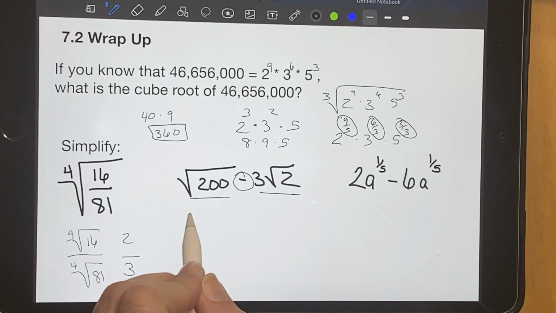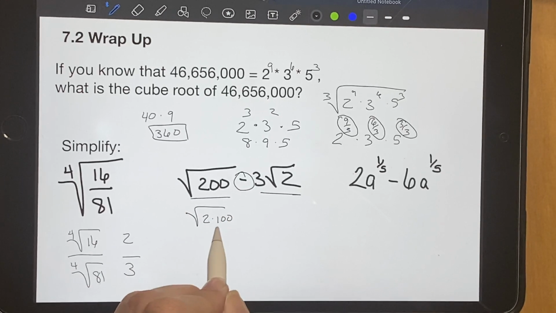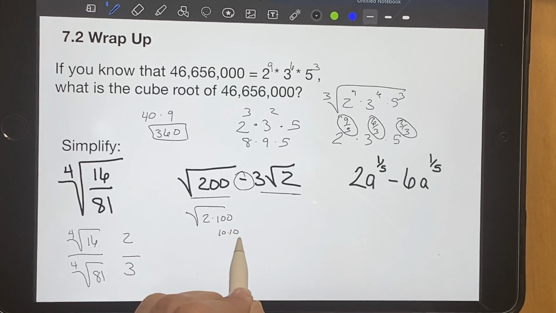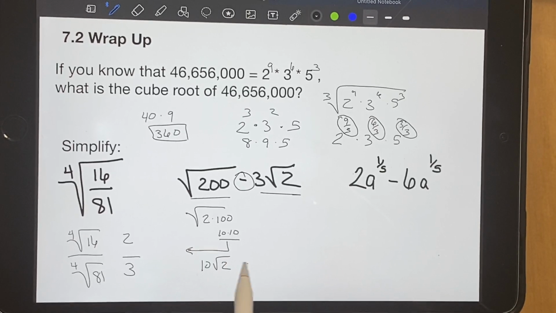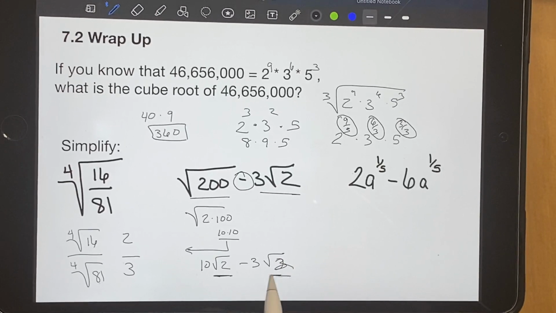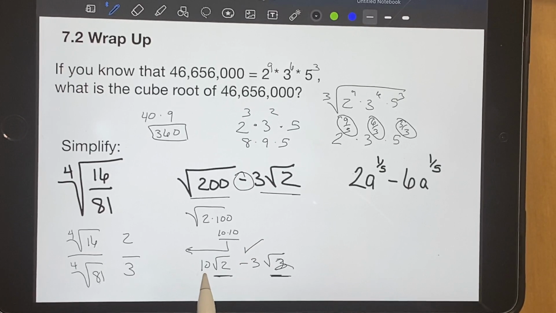However, 200 is 2 times 100, and I know that 100 is 10 times 10. This is a square root and I needed 2, so that comes out and now I have 10 square roots of 2 minus 3 square roots of 2. I now have like families and I can subtract: 10 minus 3 is 7. 7 square roots of 2.